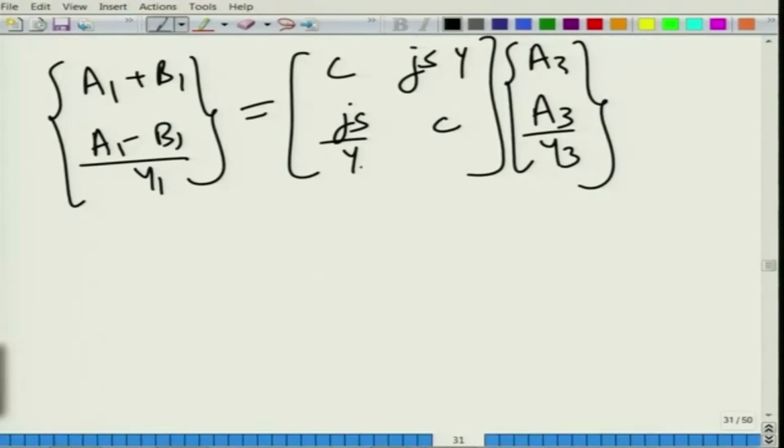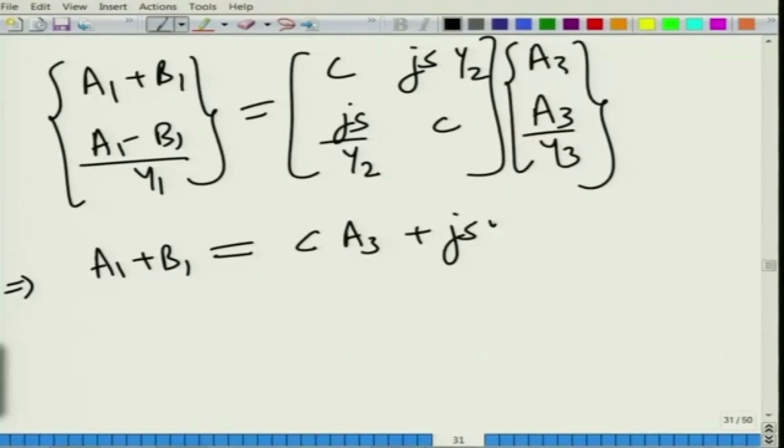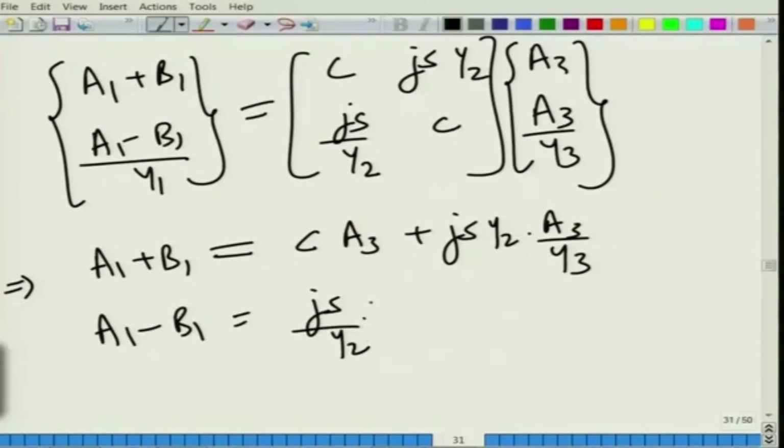Now, things should be relatively much more simple. So, A1 plus B1, let us expand this, let us consider the first equation of the matrix. So, this is cos k naught L into A3 plus j sin k naught L Y2 into A3 by Y3, and A1 minus B1 is equal to j sin k naught L by Y2 into Y1 into A3 plus cos k naught L times Y, and Y3 of course is, like I said, Y1.